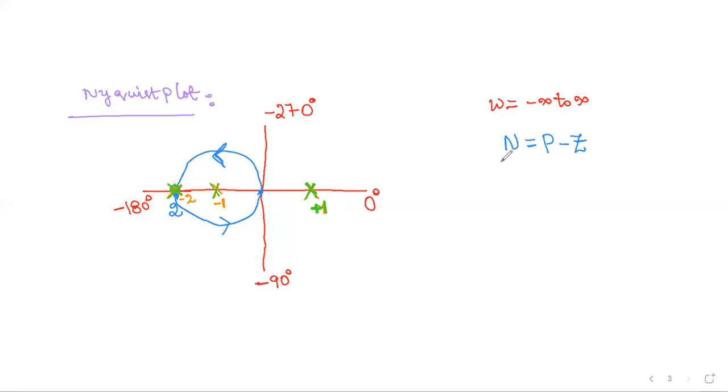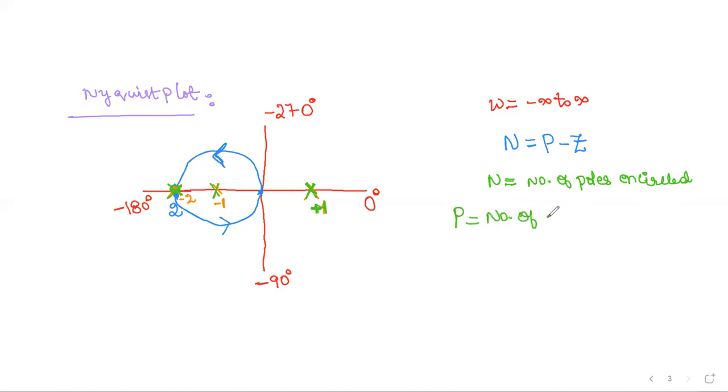So now what is capital N? Capital N means the number of poles encircled. What is capital P?